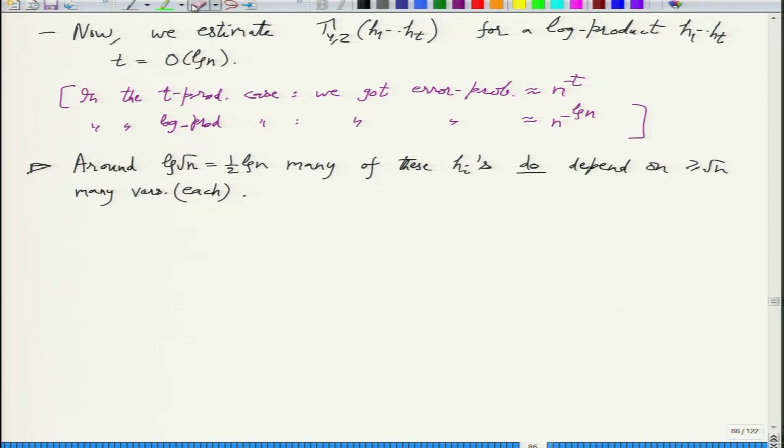The first ones. If you look at the first log root n many HIs, obviously they all depend on at least square root n many variables each. On this, you now apply the hypergeometric calculation.